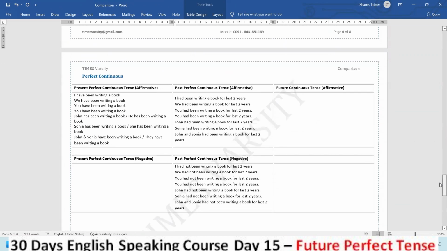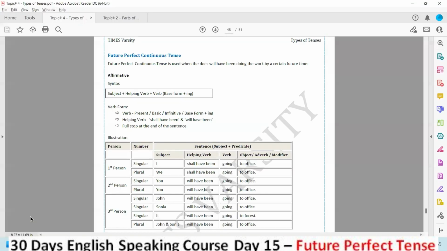Now we are left with future perfect continuous. This future perfect continuous is not generally used, only in special cases it is used, but we will still see some rules, syntax and all.